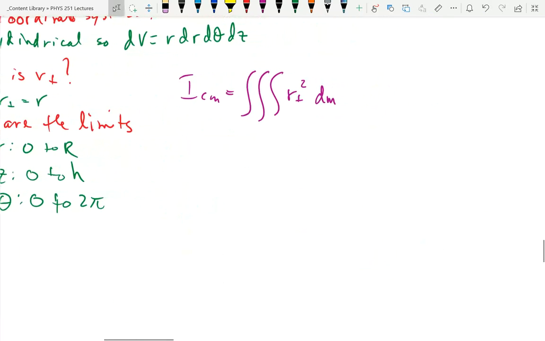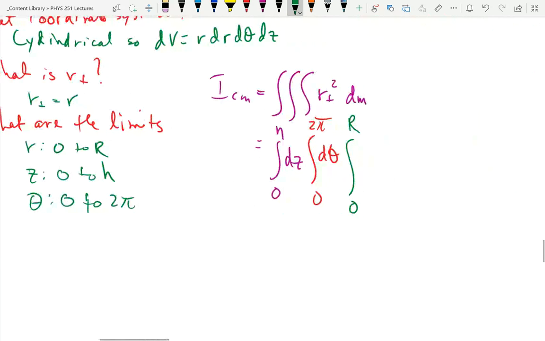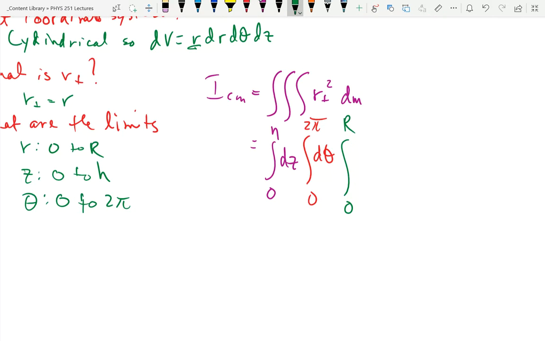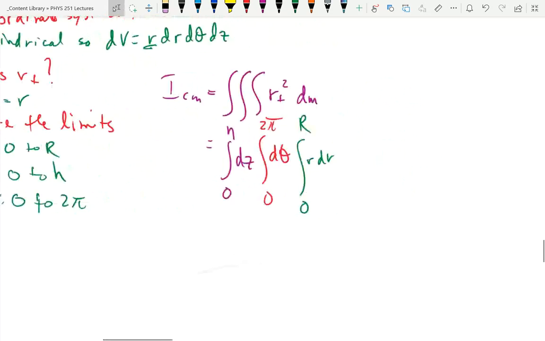So this is equal to the integral from 0 to h dz, integral from 0 to 2 pi d theta, integral from 0 to capital R. And notice I have it written right here, I don't need to go back. There was an r there, r dr, and then I just need my r perpendicular squared. Well, r perpendicular here was just r.